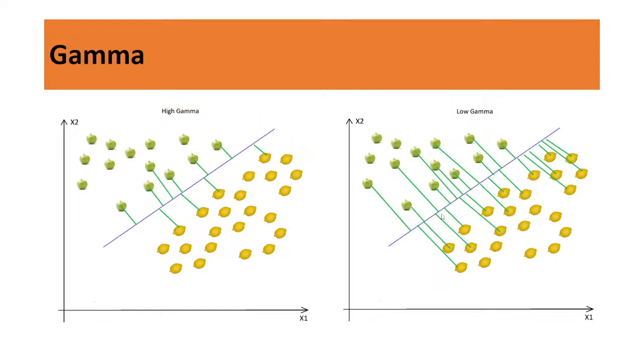And when the distance is long, then we get a low gamma. So high gamma means that our maximum margin hyperplane from this point and this point is a low distance. And when I get a high distance between this straight line, it is called the low gamma.